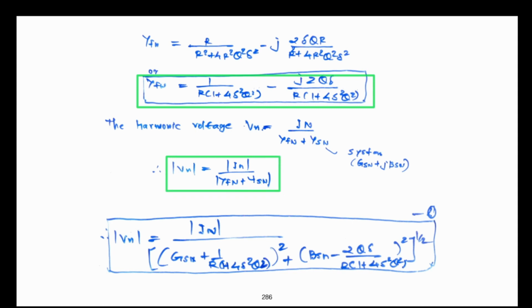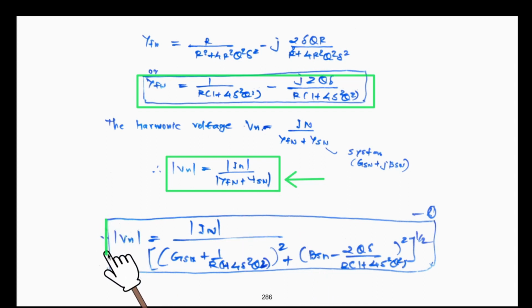If you recollect the original equivalent circuit, there was one current source in parallel with two impedances. So we have converted those to admittances. Consequently, the voltage drop can be written as I into Z or I into 1 upon Y. Observe that Y is actually the sum of the admittances due to filter and due to the system, so filter admittance plus the system admittance.